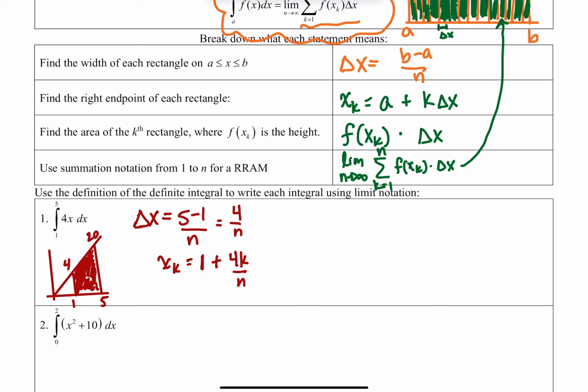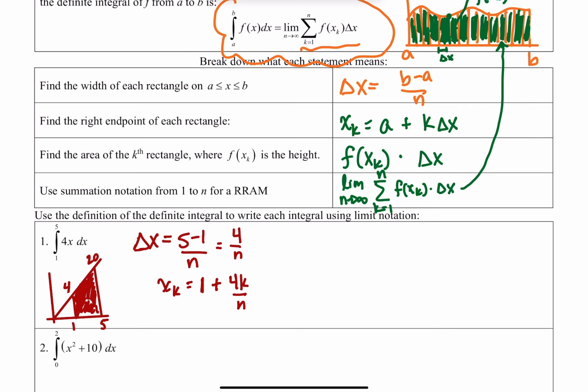Okay, so we are now ready to plug this into my summation limit. So I have the limit as n approaches infinity of the summation of k from 1 to n. And then notice how here we have f of x sub k. So f is going to be your function, whatever function that is.